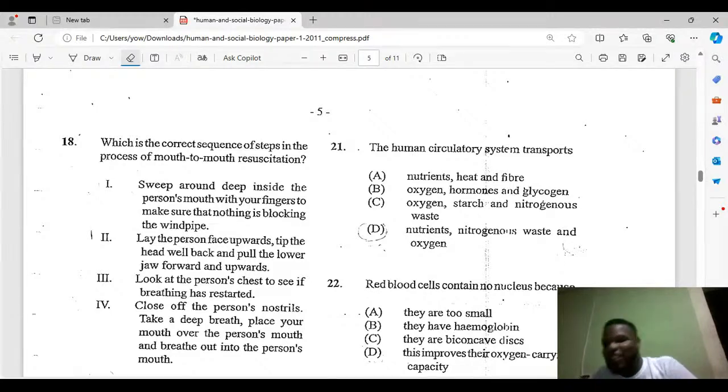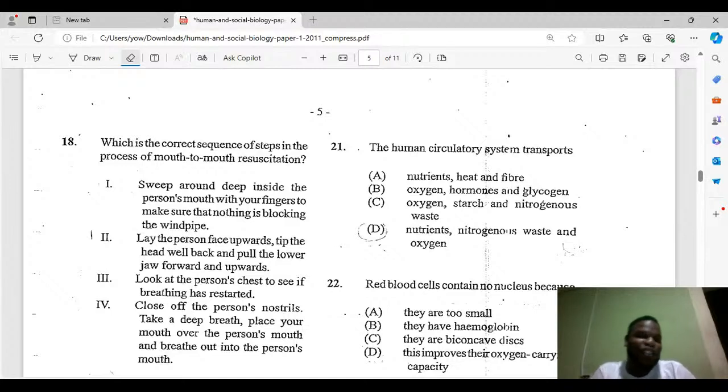So what would be third? What would be third, guys? Yes, IV would be third. You would close off the person's nostril, take a deep breath, and place your mouth over the person's mouth. So that means II would be the last thing you do.